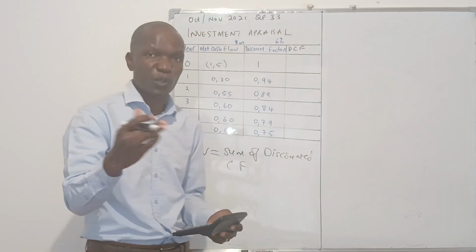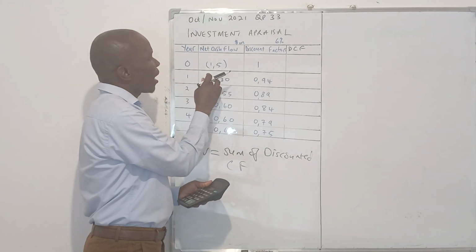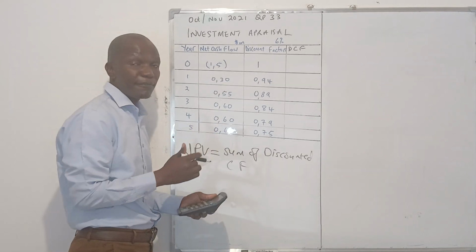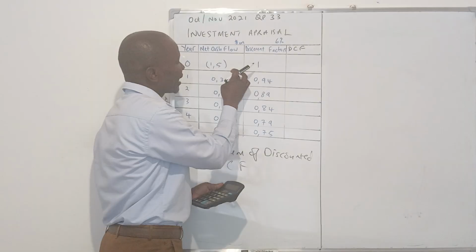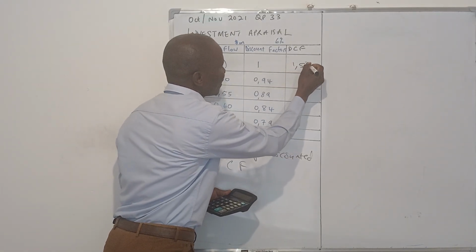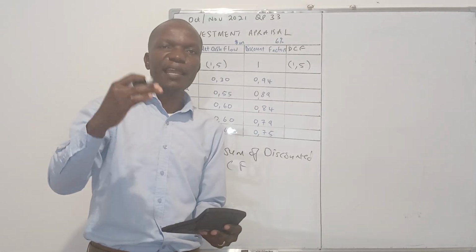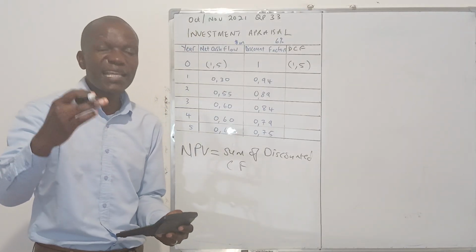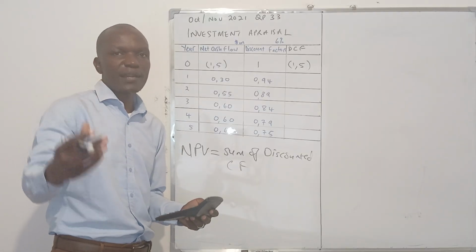When you calculate that together, you can see that in year 0, our net cash flow is 1.5 million being taken out. So 1.5 negative times 1 simply gives you the same 1.5 negative. Always take note that in year 0, the discount factor is always 1.